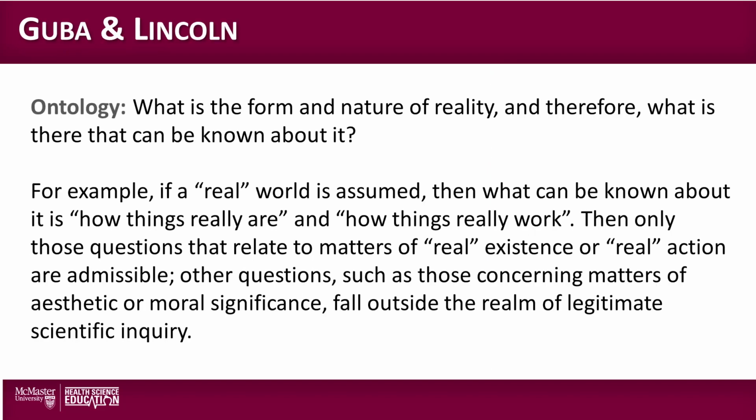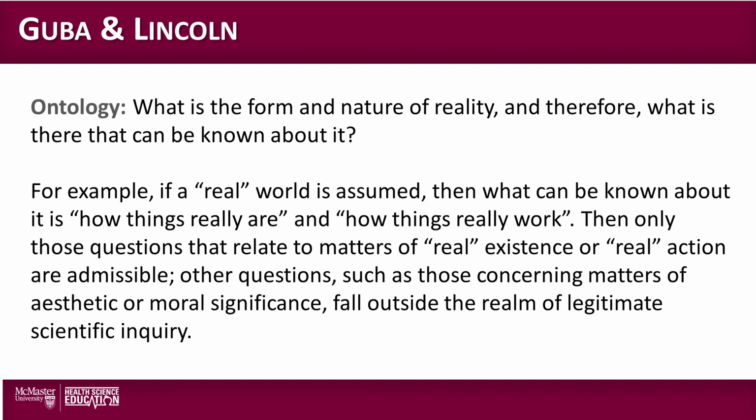So I think Guba and Lincoln do a really good job summarizing this. Here's a quote from page 21 of their article, and I've provided the reference at the end of the lecture. I'd highly recommend that you read this book chapter. Guba and Lincoln say that ontology is about the form and the nature of reality, and therefore what can be known about reality. For example, if a real world is assumed, then what can be known about it is how things really are and how things really work.